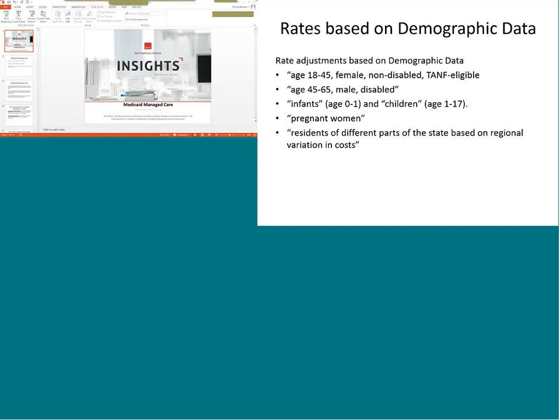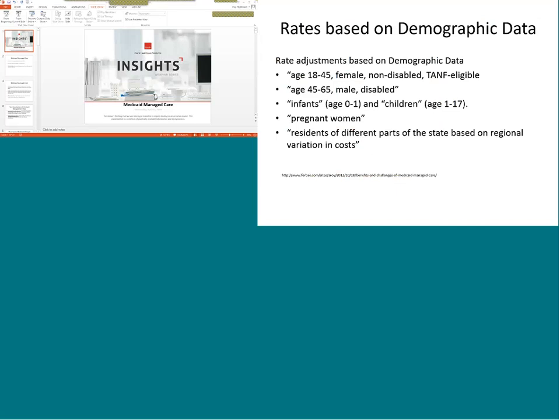Now, how they determine the rate based on the demographic information is simply, here are some examples of the demographics: age 18 to 45 females that are not disabled, age 45 to 65 males that are disabled.